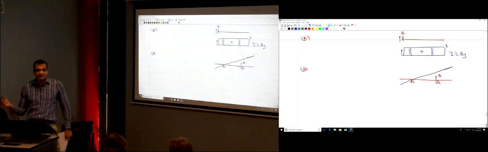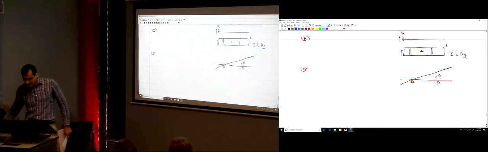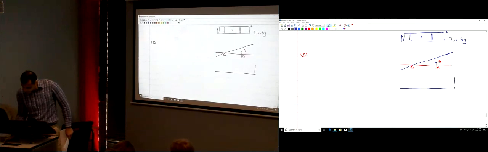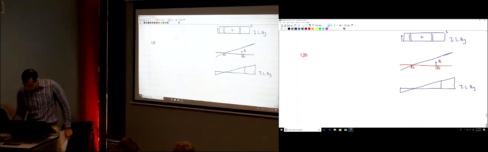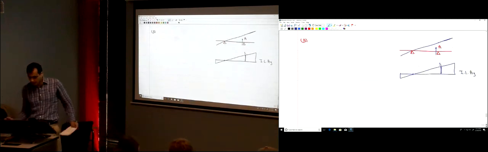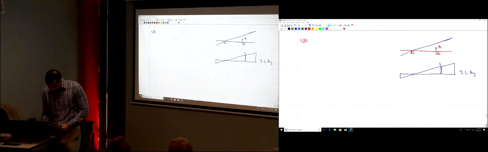That's the displaced shape, and it looks the same as the influence line. And this magnitude here is 1.